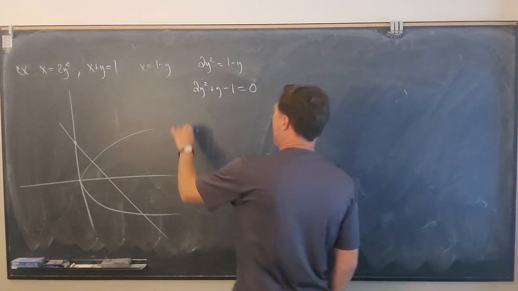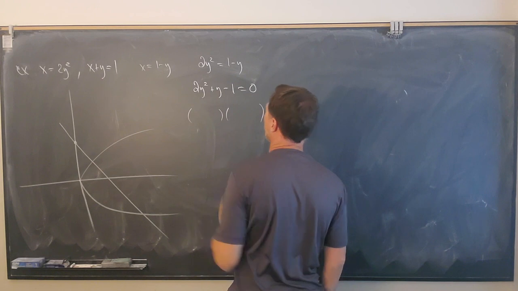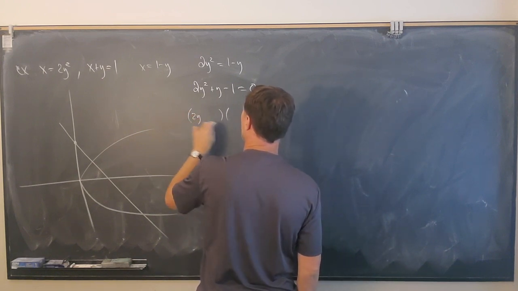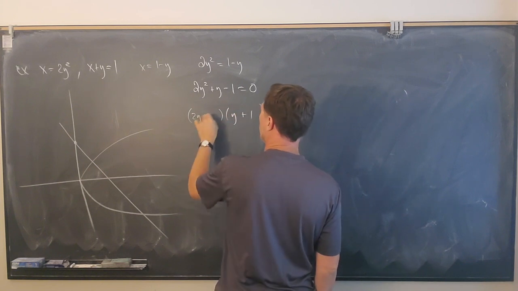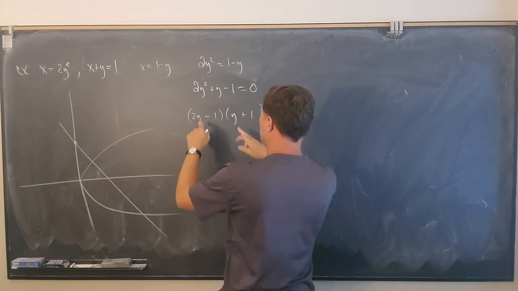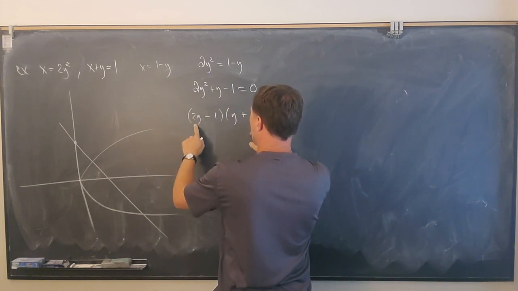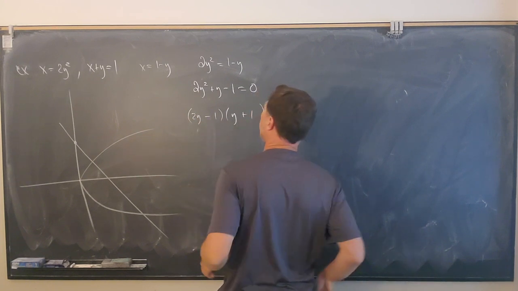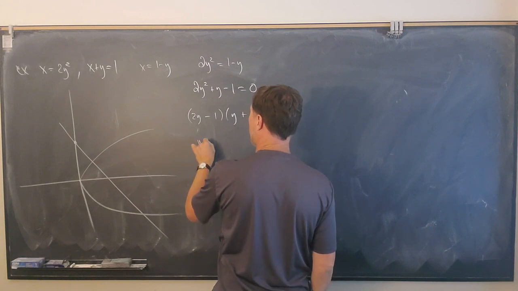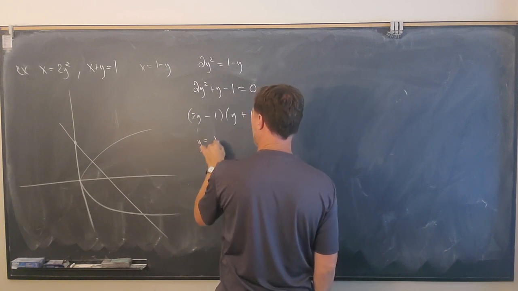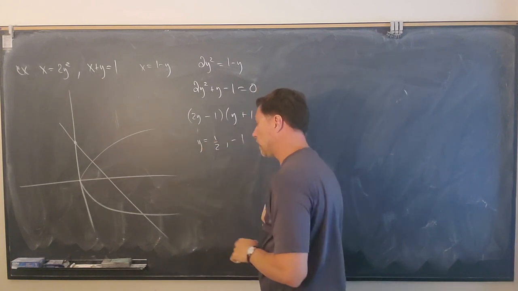And then I need to factor this. So I'm going to have a 2y and a y, and I think it's going to be a plus 1 here and a minus 1 there. Let's just check: 2y squared plus 2y minus y minus 1. Yeah. Okay, so our points of intersection are y equals 1/2 and -1.